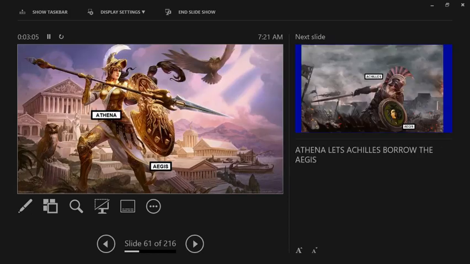Athena gives Achilles the Aegis. The Aegis is a shield, sometimes it's a breastplate, but it has Medusa's head on it. I haven't told you about Medusa, but you probably heard of Medusa. What's unusual about Medusa? Snakes in her hair, right? She has snakes for hair.